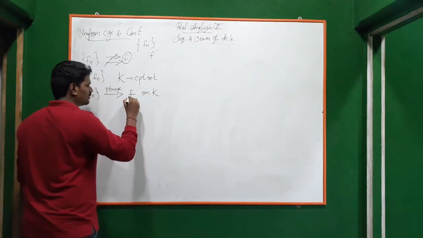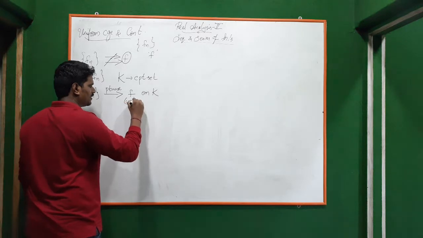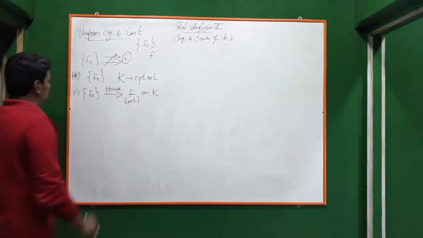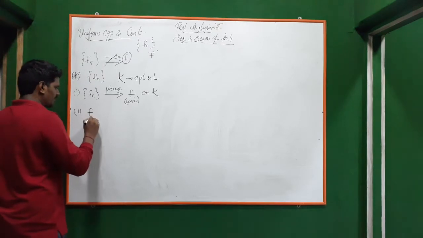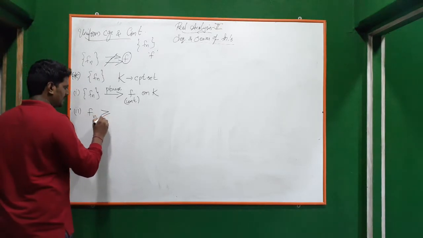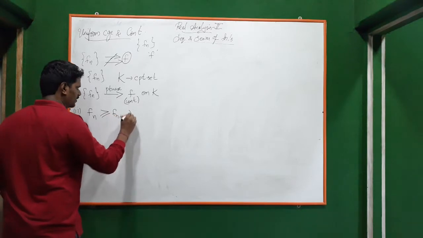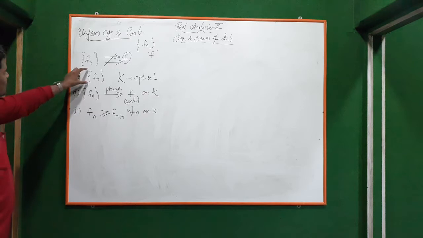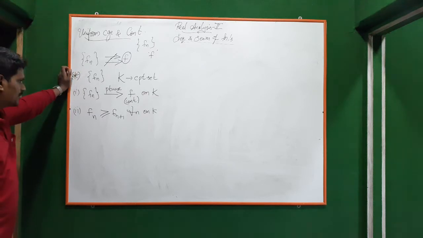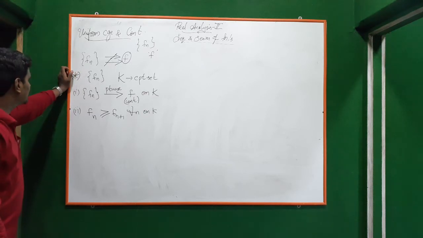And moreover, this function f is continuous. The second point is fn is greater than or equal to fn plus 1 for any n on K. So on K, this is a decreasing sequence.